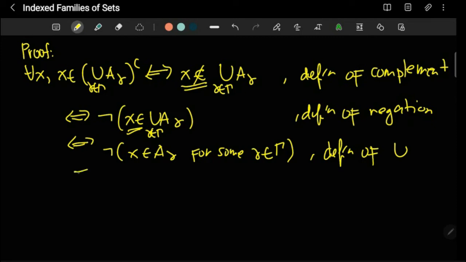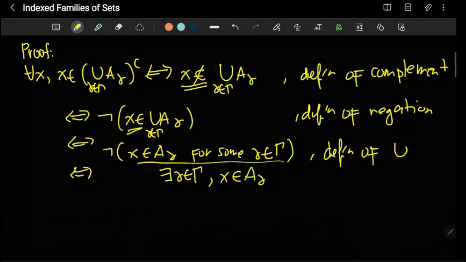So now we can use De Morgan's rule. How do you negate a statement? This statement means there exists a gamma in the indexing set such that x is an element of A sub gamma. Right? So that's what the statement means.